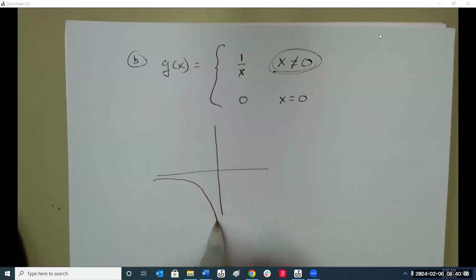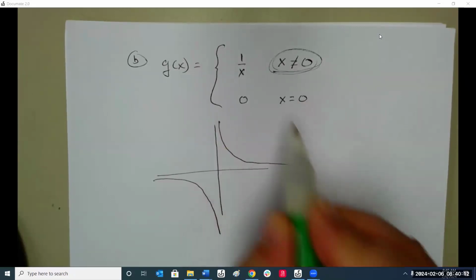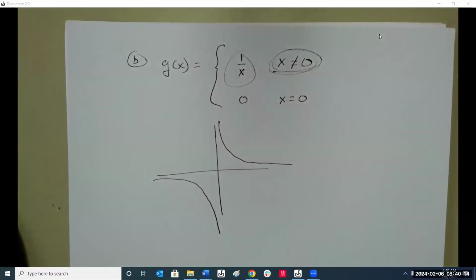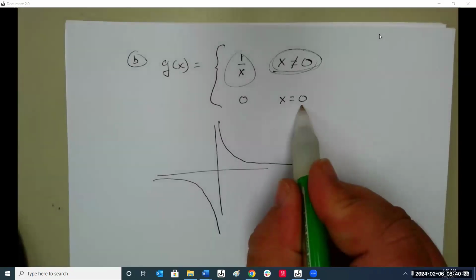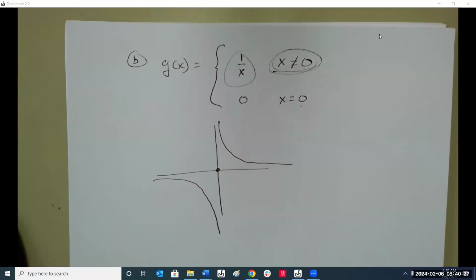When x is negative, the function is negative. On the right-hand side, that's what this graph looks like. Again, memorize your library functions. At x equals 0, the answer is 0. Why doesn't the limit exist there?